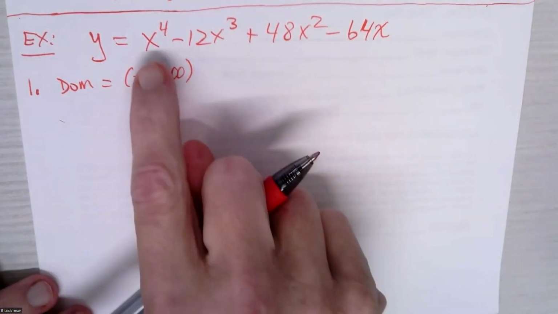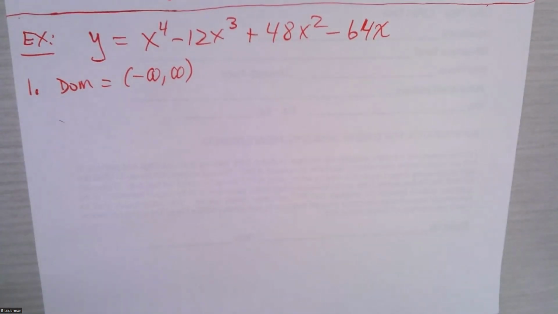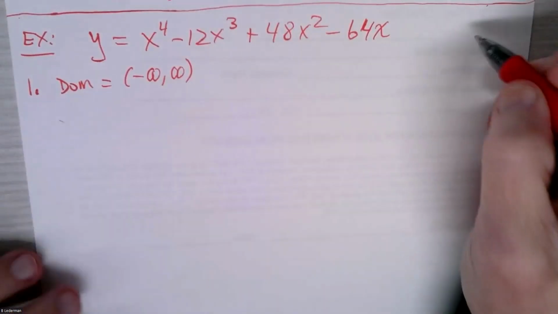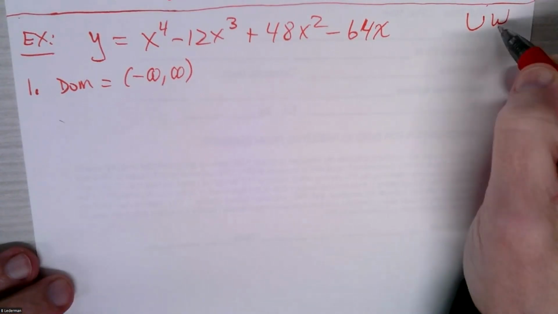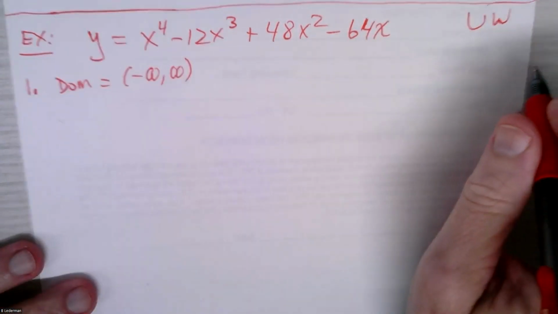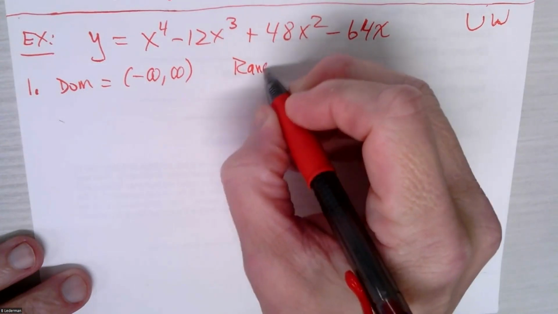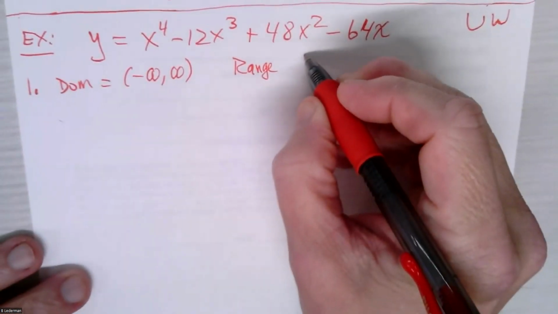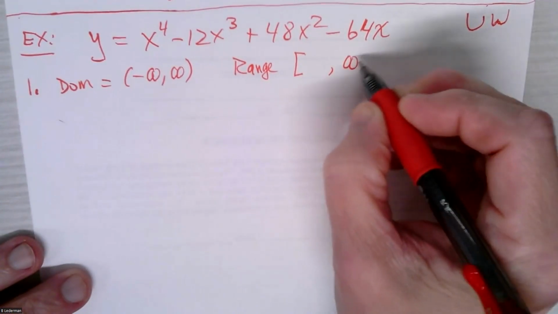Since it's a 4th degree polynomial, it's going to have a certain minimum point. Fourth degree equations usually look like that or like that, so we'll have to check exactly. For the range, it's going to have a bottom, which I don't know yet, then it's going to go up to infinity.